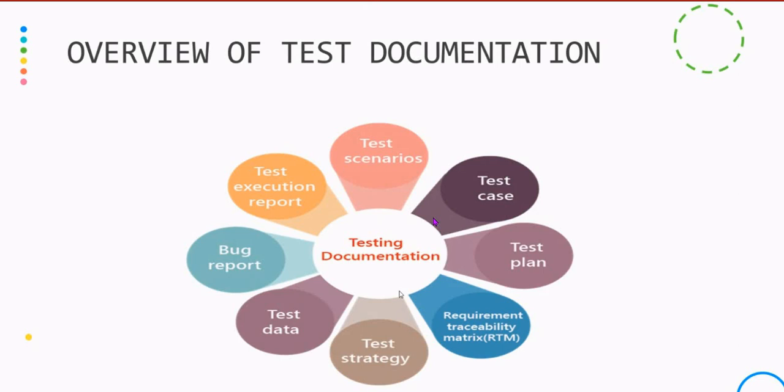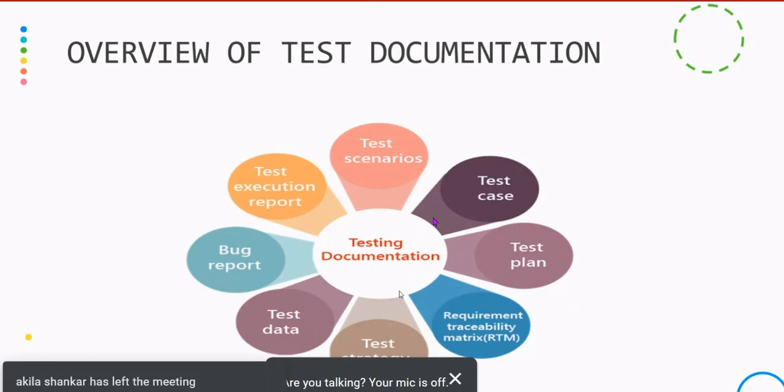Then we make a strategic plan on how the test execution should be done, and RTM, that is to map all the requirements with the test cases, and test strategy will be the high-level plan consisting of principles that guide the overall software testing process.